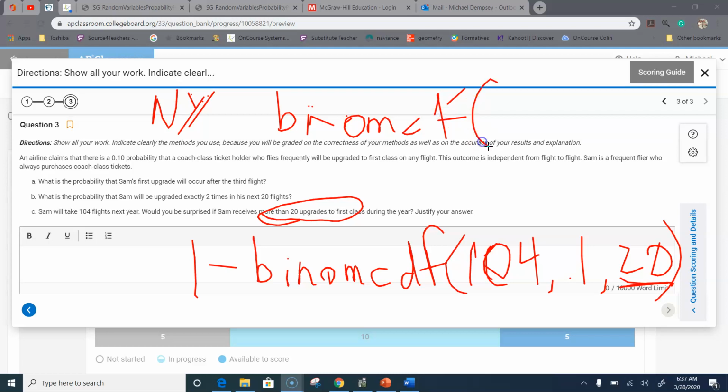But on the Nspire, you still put in your 104 trials. You put in 0.1, but then you would put in more than 20, so 21 to 104. Have the calculator add that up for you, and you'll get it that way.